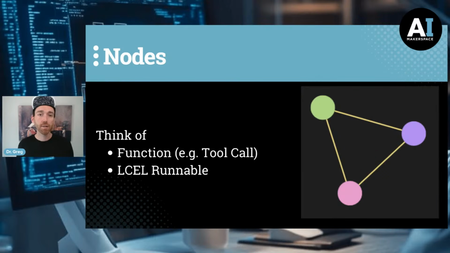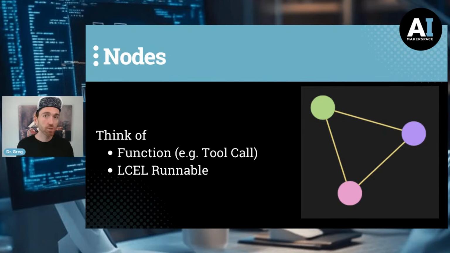But we can think about the node, in a very basic introductory sense, being a simple tool call. More generally, we can think of it as an action, right? The action of calling a tool, of which there might be more than one.